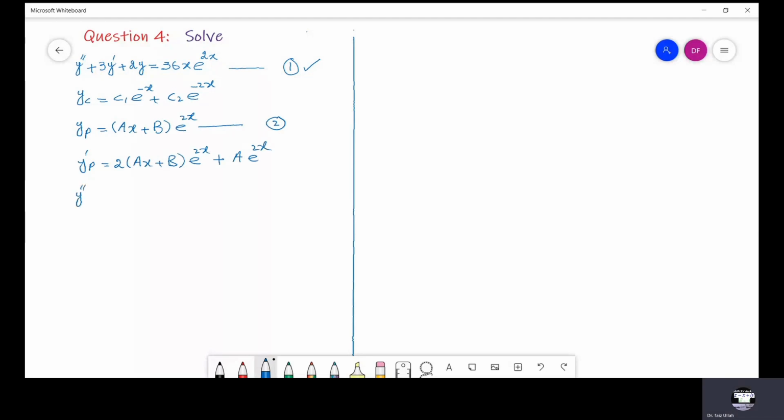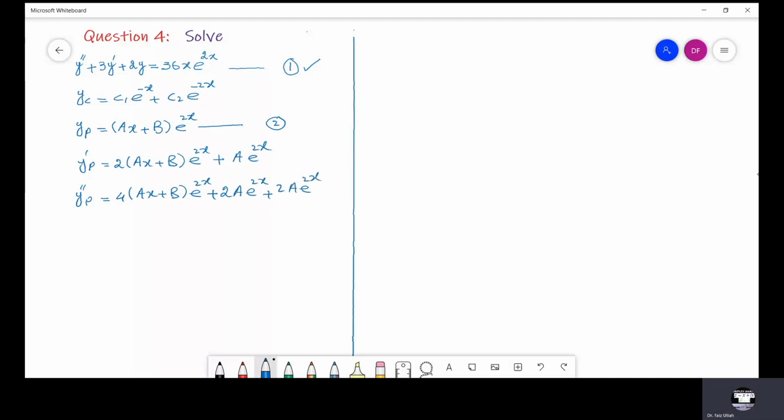Differentiating again, we get y double dash, which is equal to 4 into ax plus b into e power 2x plus 2a e power 2x plus 2a e power 2x.